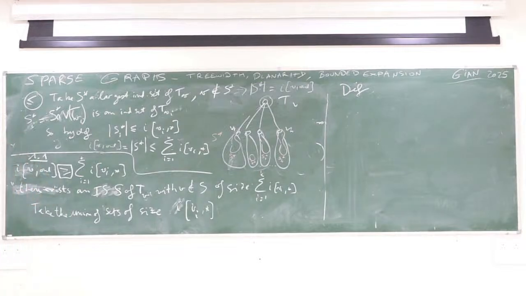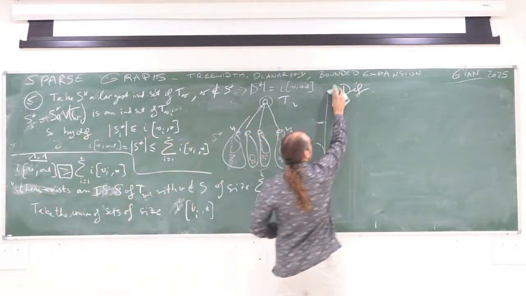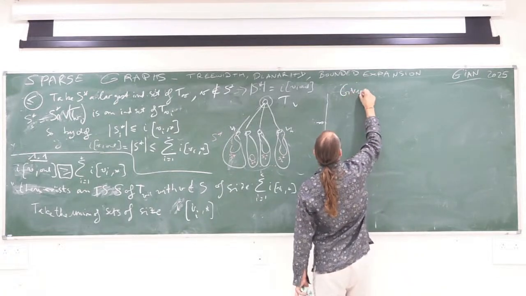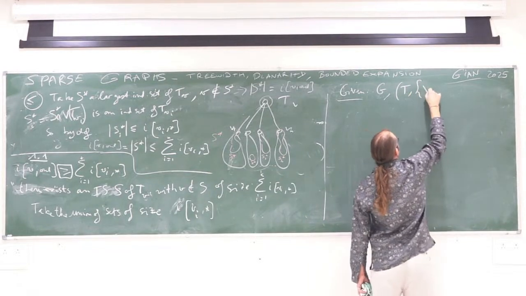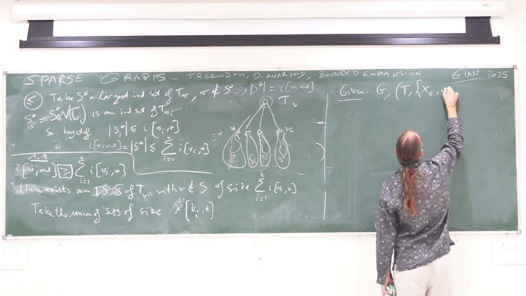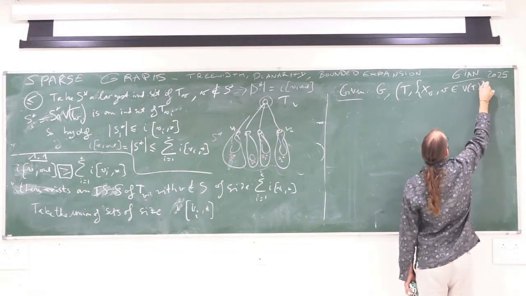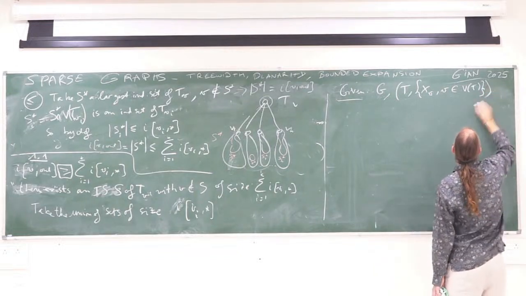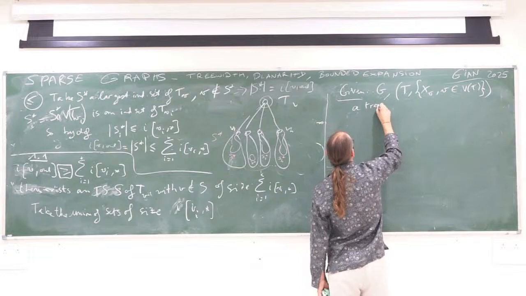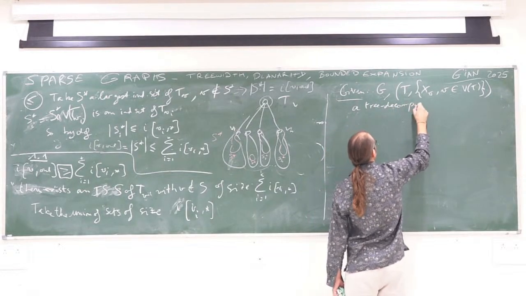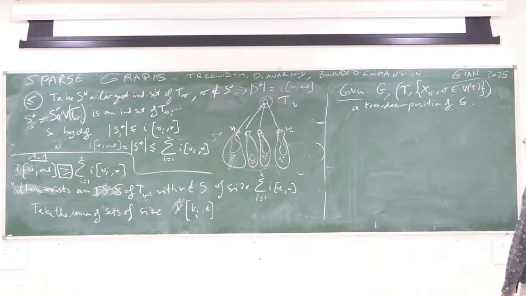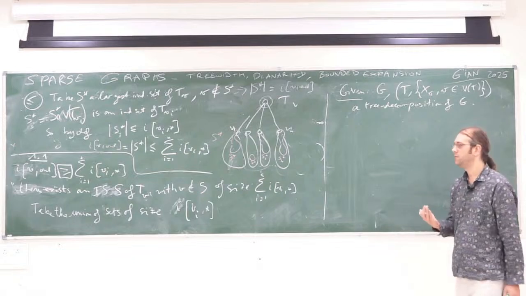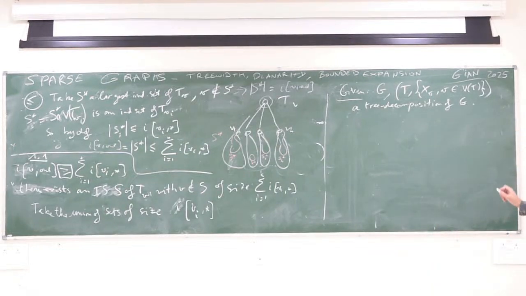So now, remember the setting. I'm given a graph G and T, the tree decomposition of G. Same idea, I'm looking at the tree, I'm rooting it.